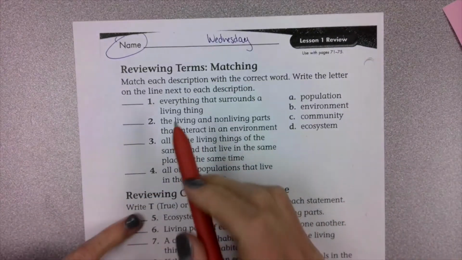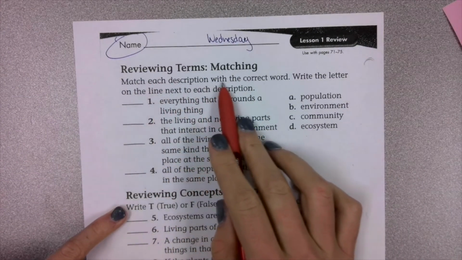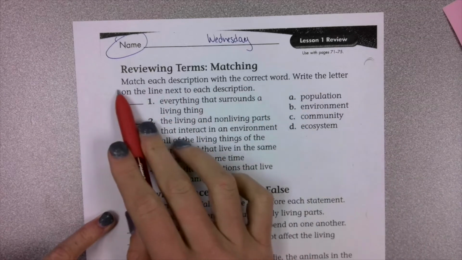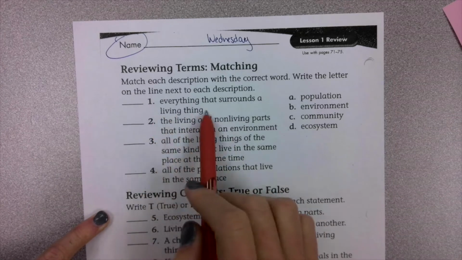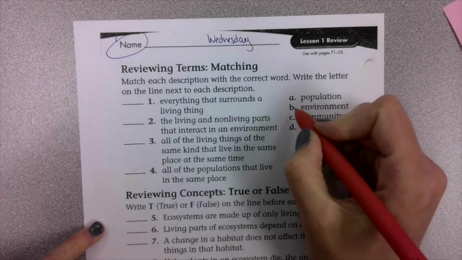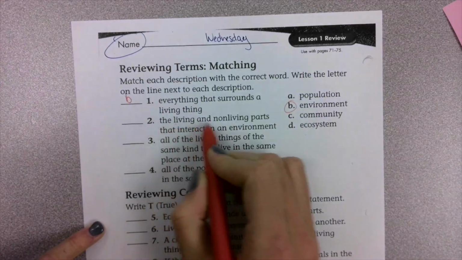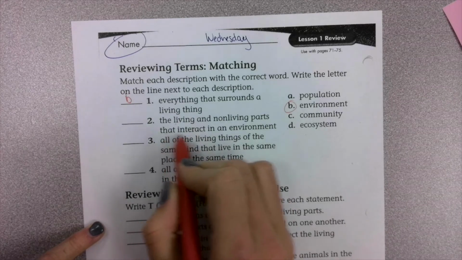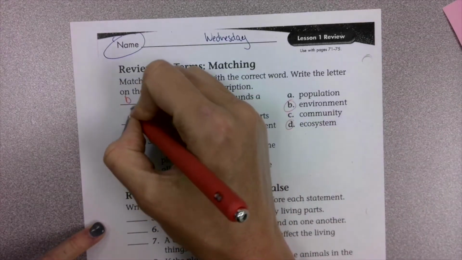It says reviewing terms, matching. Match each description with the correct word. Write the letter on the line next to that description. Everything that surrounds a living thing. Well, that would be its environment, right? Where it lives. The living and non-living parts that interact. Well, when we talk about them interacting, now we're moving into talking about an ecosystem. Right?